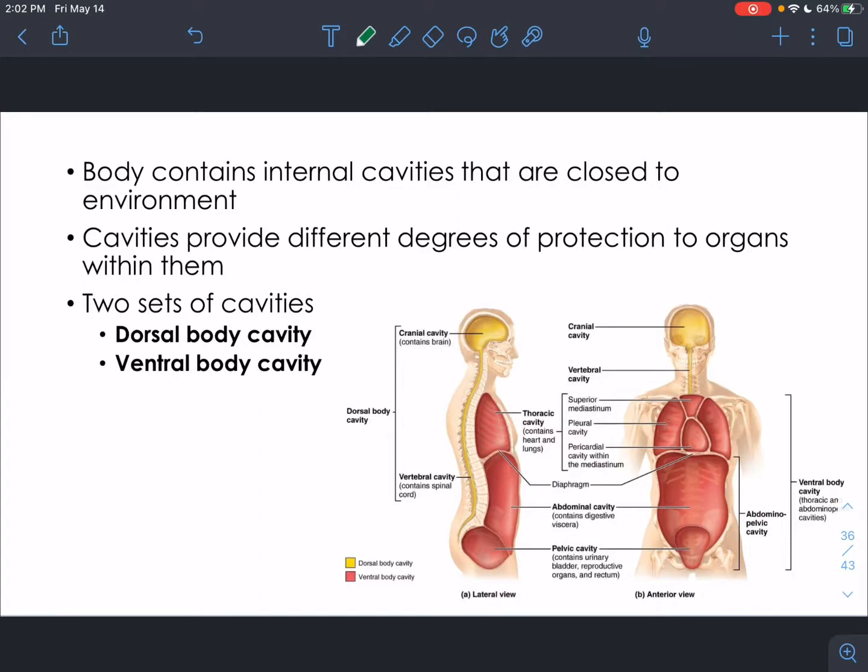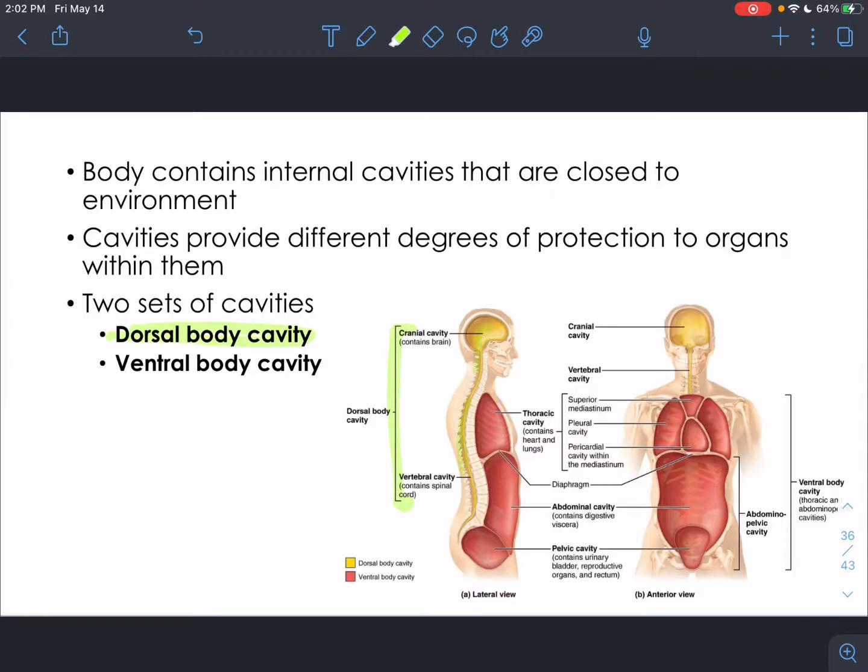Okay, the next just general anatomy that you're going to have to know are the different body cavities. There's two main body cavities, your dorsal body cavity and your ventral body cavity. Your dorsal body cavity is what's in yellow in the image, so this part in the back there.